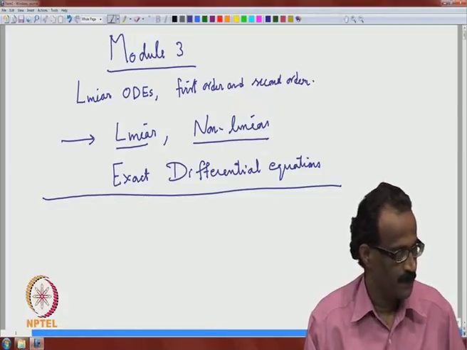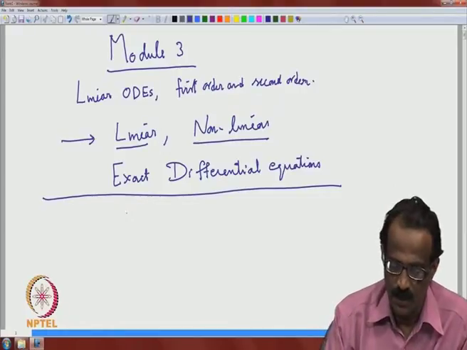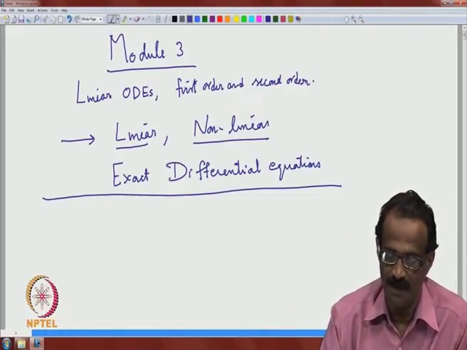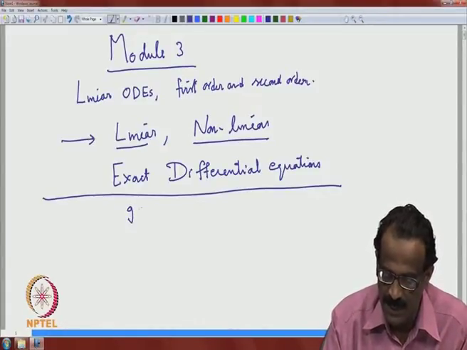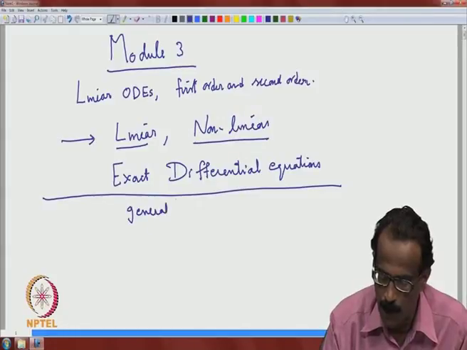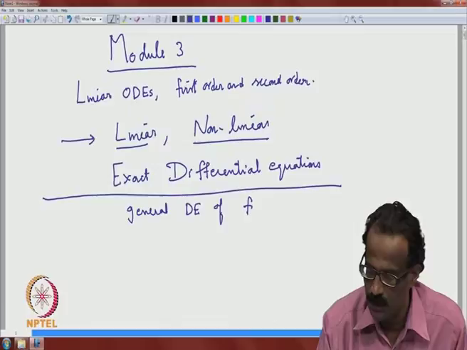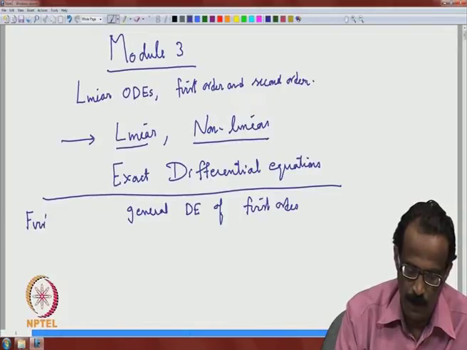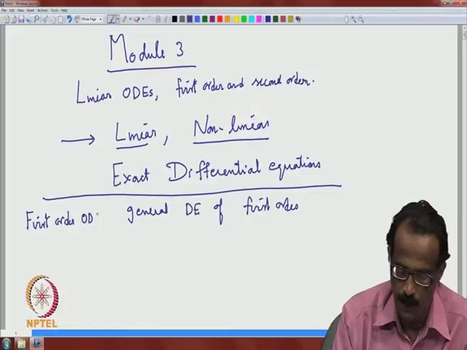Let me begin. Since this is the first lecture essentially on ODEs after the preliminaries and examples, what is the general first order differential equation? We will start with first order ODEs.